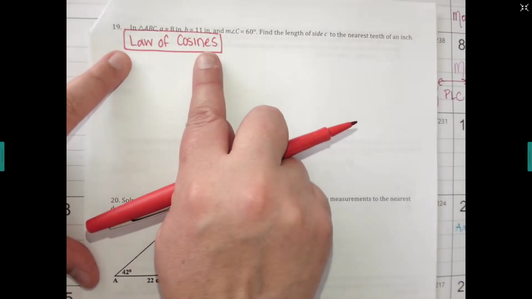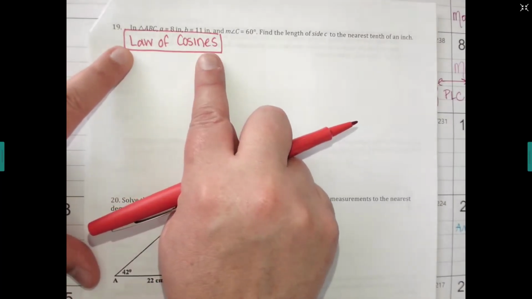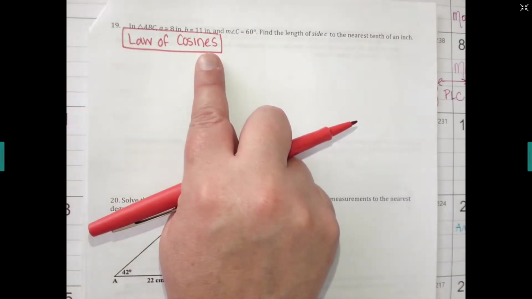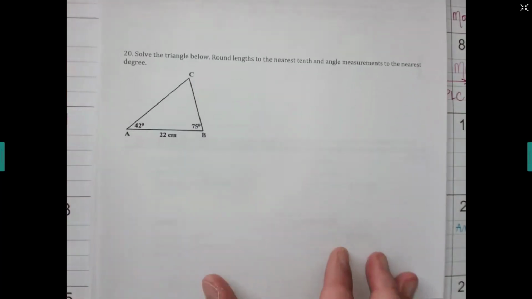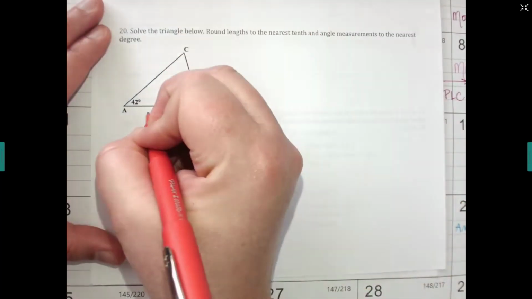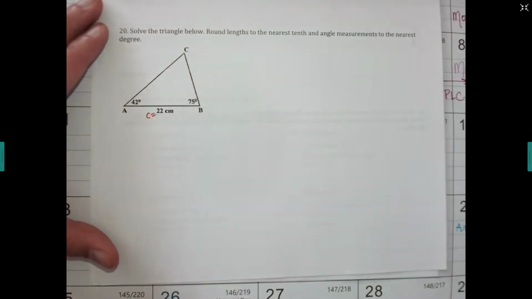Okay, go down to number 20. Do we have partners or no partners for number 20? No partners. Now, question. Up here, not only do I not have partners, but I don't have a way of getting partners. Come down to this one. I want you to look at it a little bit closer. I know this side, which is little c.